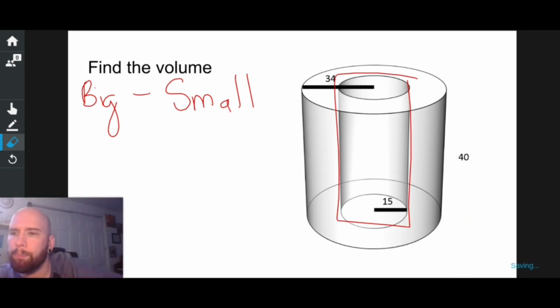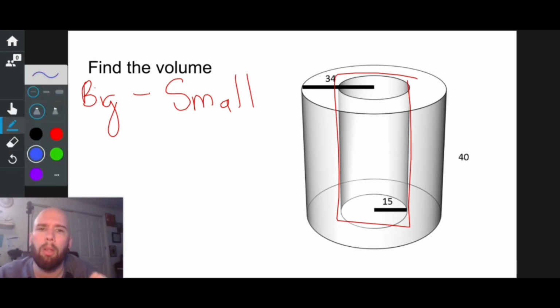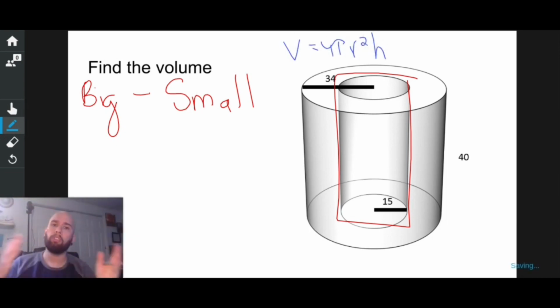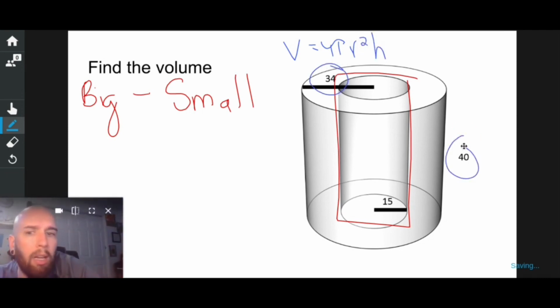The big cylinder is going to be, well, first off, V equals pi r squared h. The whole cylinder has a radius of 34 and a height of 40.